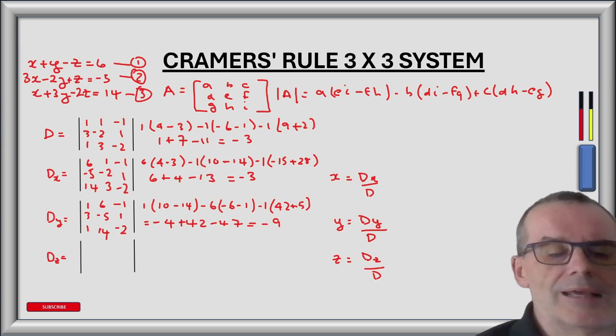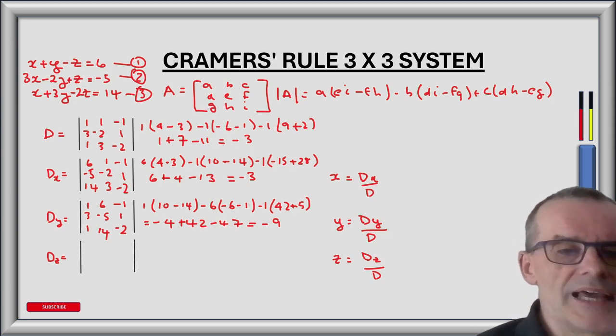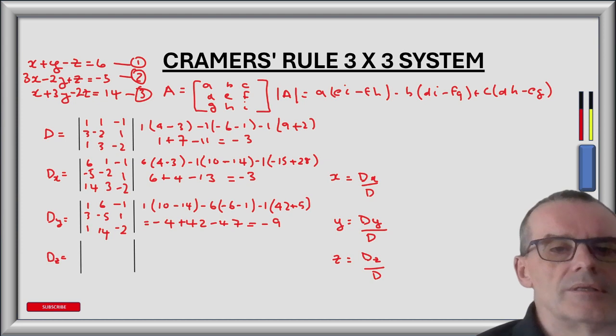And then finally, we have to write in the Z matrix and calculate its determinant. So we need to replace the Z coefficients with the answer values. So first of all, we put in the X coefficients of 1, 3, and 1, and the Y coefficients of 1, minus 2, and 3.